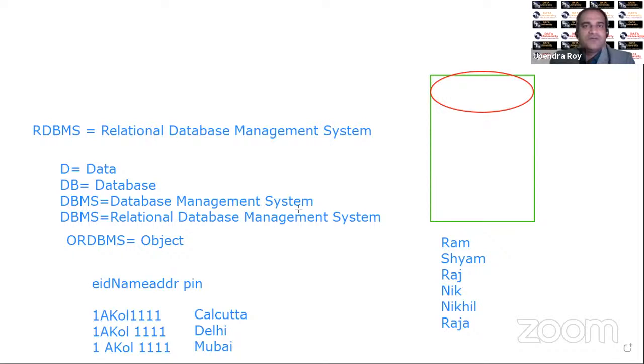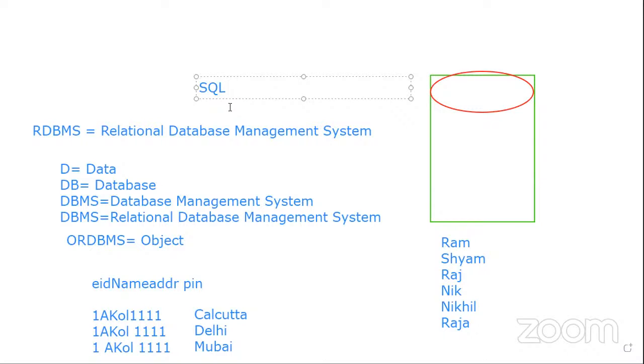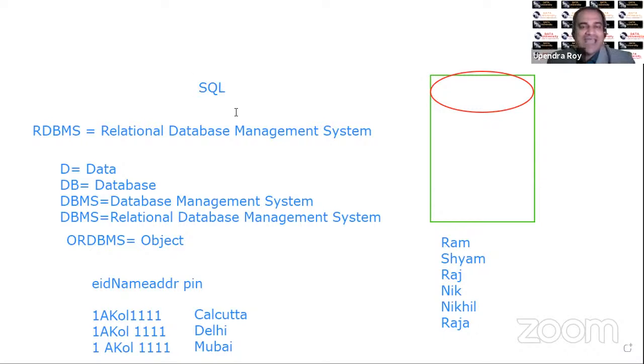I'm referring to RDBMS, relational database, and right now I'm giving the example of Oracle or MS SQL Server. So if you want to write, read, update or delete something into or from a database, that can be done with the language known as SQL. Yes, structured query language.